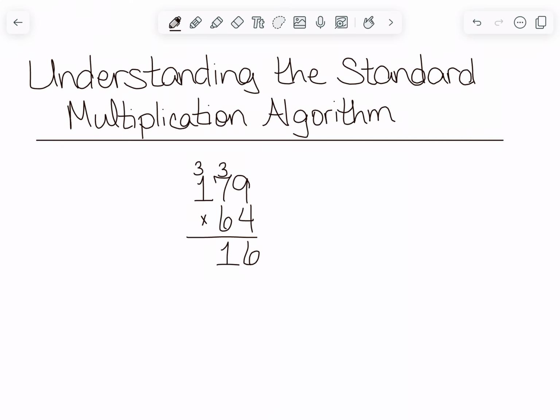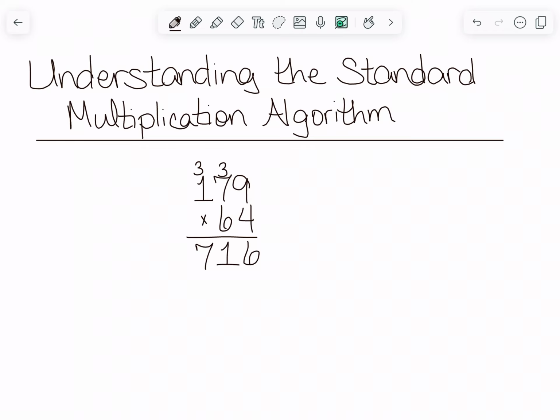We write down the 1 and we regroup those 30 tens into 3 hundreds. 4 ones times 1 hundred is going to be 4 hundreds, plus the 3 gives us 7 hundreds. So that gives us 716.